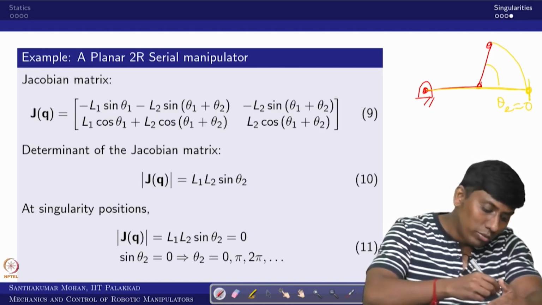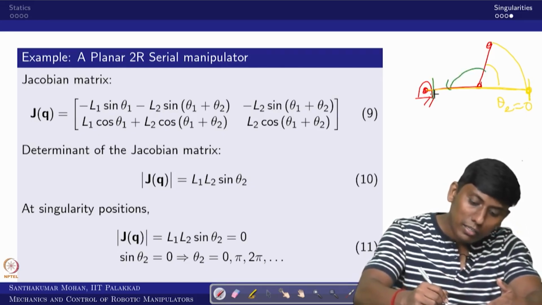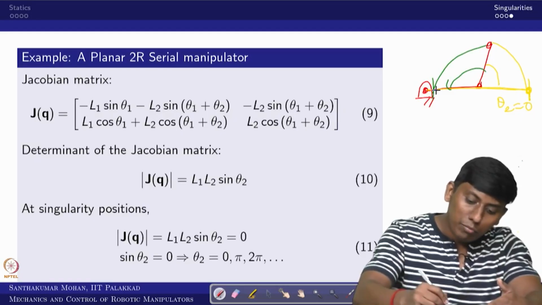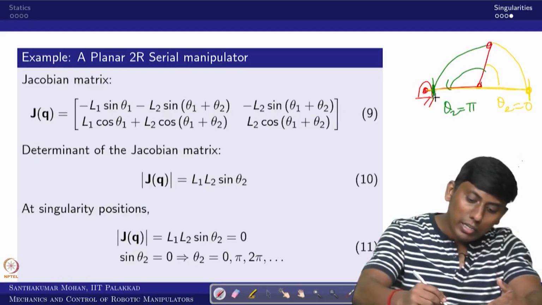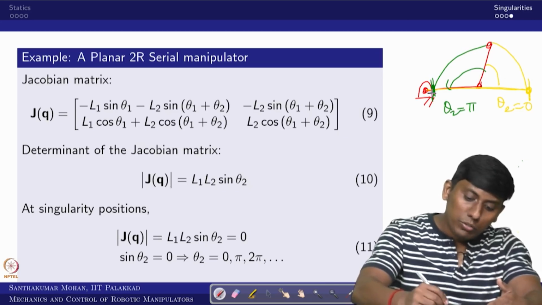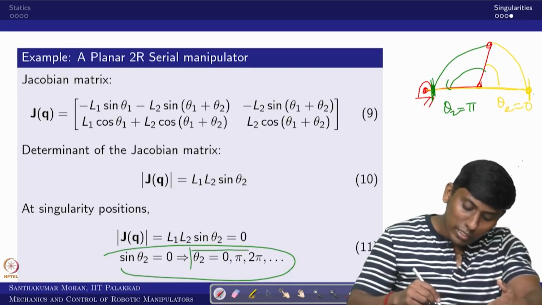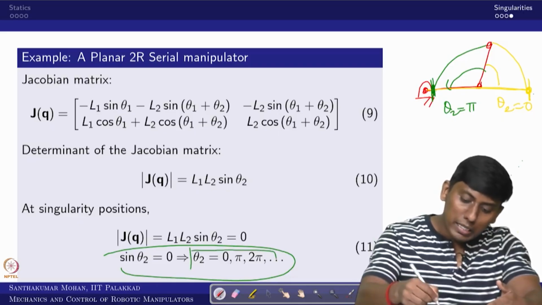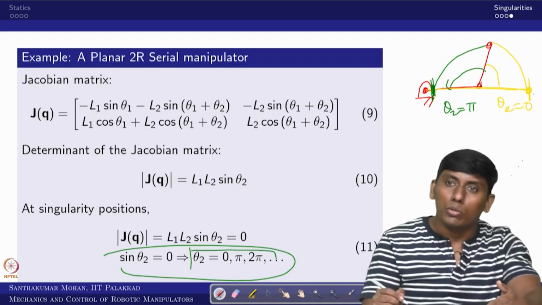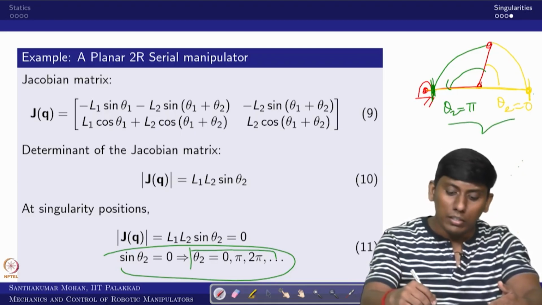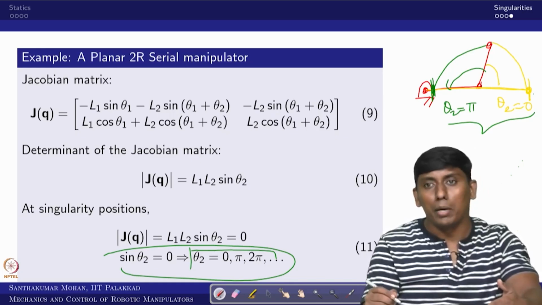Now the same thing, you rotate to the other side, so it comes here. Theta 2 is pi degrees. That is also a boundary in this case. So these two boundary singularities are realized from this case. So theta 2 is 0 or pi; 2 pi is again equivalent to 0 and 3 pi is again equivalent to pi, right. So these are the two singularity conditions for a planar 2R serial manipulator.